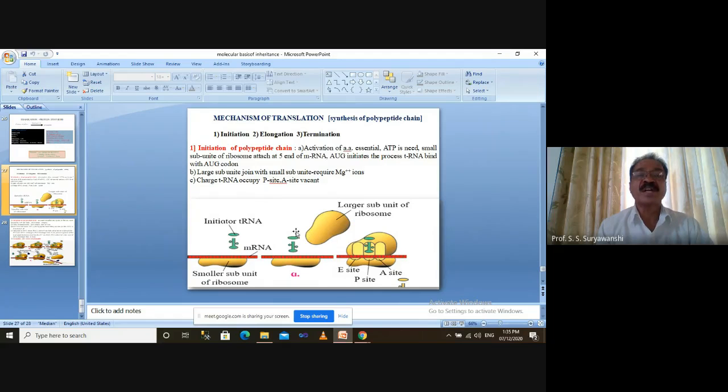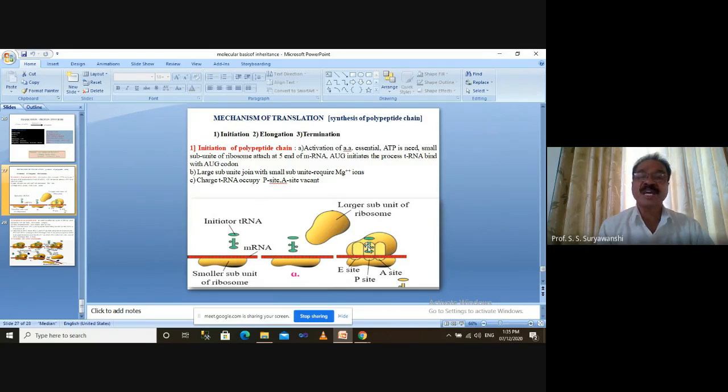This is the second step. So the first one is the tRNA joining with the small subunit of ribosome joined with the mRNA at the 5' end. Then in the second process, the larger subunit joins here along with the tRNA, and then the charged tRNA.